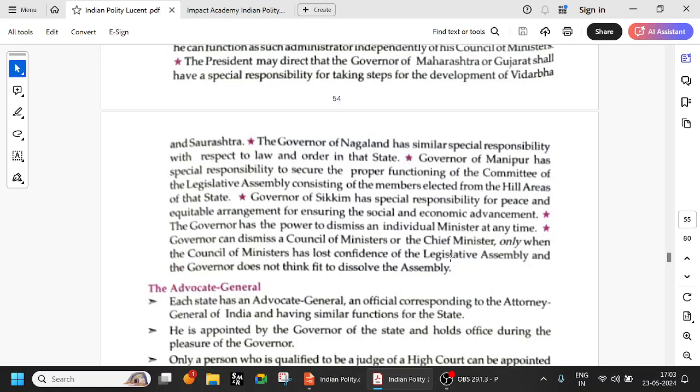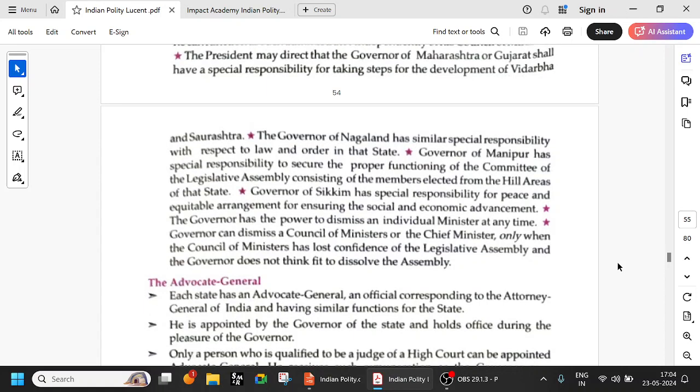Suppose there are 100 MLAs and it is clearly seen that 50 to 60 MLAs have left and joined another party, then there is no more majority, and the governor does not think fit to dissolve the assembly. But when there is a clear majority, the governor has to invite the head of that party to form the government.